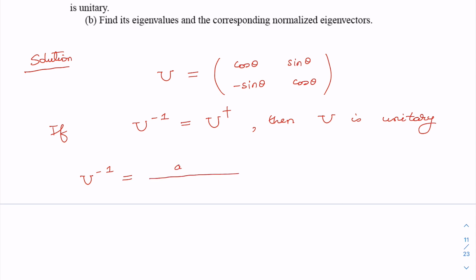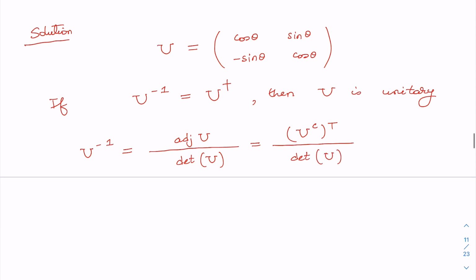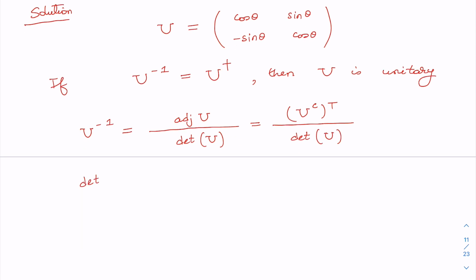Already we know how to do it, but let me repeat again. U inverse is equal to the adjoint of the matrix U divided by the determinant of U, and the adjoint of U is the cofactor matrix of U transposed. The determinant of U is simple to find out. It will be cos square theta minus sine square theta, so the determinant is simply 1.